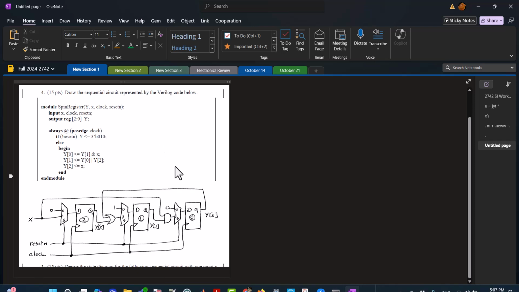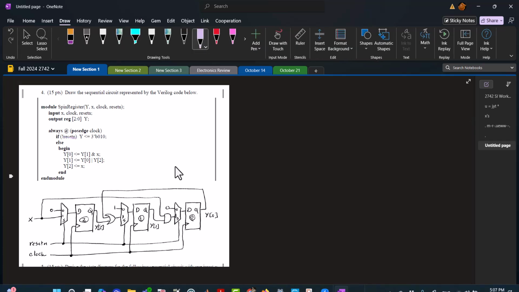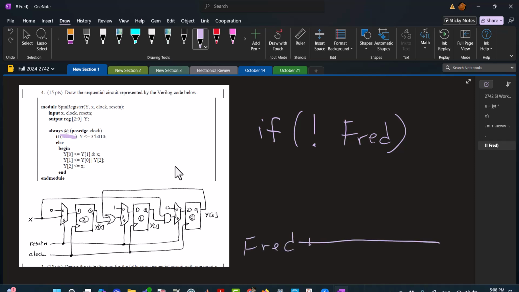So if I change the name of it to if not Fred, I now have a variable named Fred, and Fred is the input into my multiplexers.